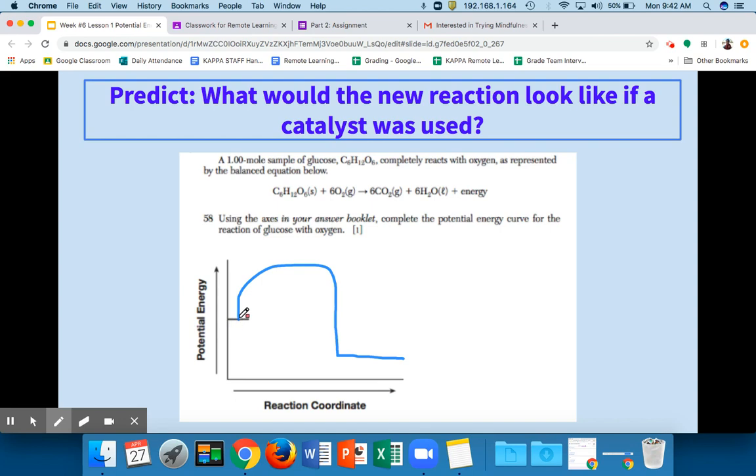Well, we know that catalysts lower activation energy, so actually, this hump would just be smaller. So it would take less energy for this reaction to get started, but everything else would be the same.